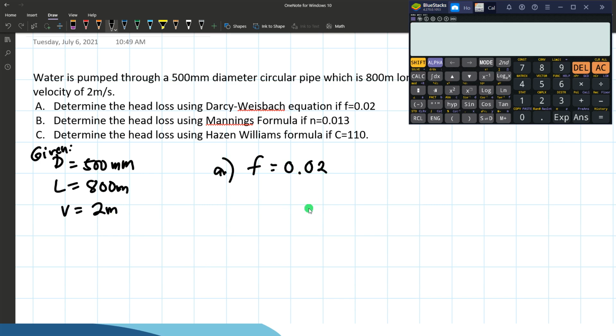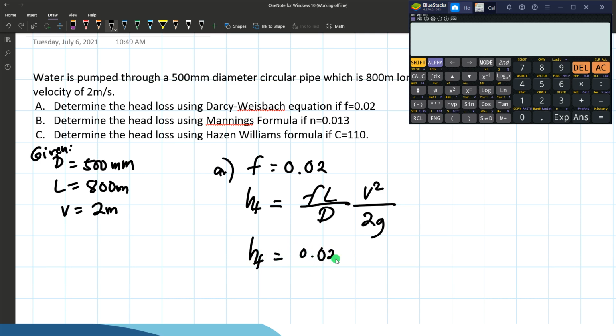So using Darcy-Weisbach, we have a given mean velocity, so we will use the formula hf equals f L over D times V squared over 2g. hf is equals to f is 0.02, L is 800 meters, diameter is in millimeters, so divided by 1000, 0.5 meters.